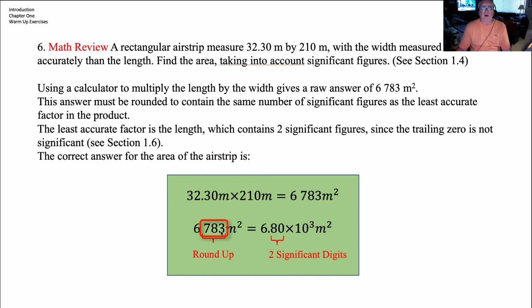So when we round this up, this becomes 6,800 meters squared. And then we're going to turn this into scientific notation. So we're going to move this to 2 significant digits, and then 10 cubed meters squared. So 6.8 times 10 cubed meters squared.